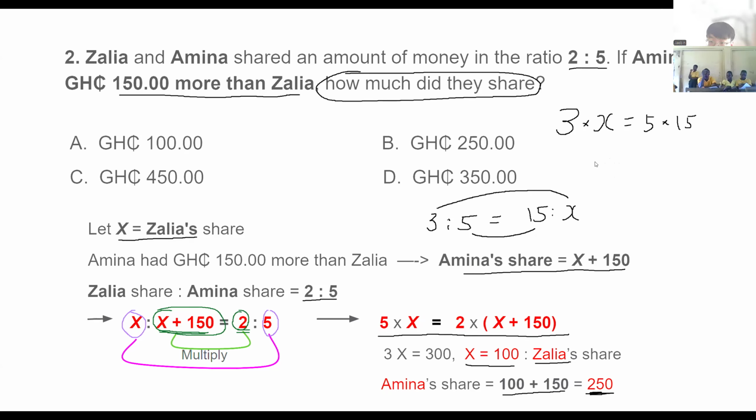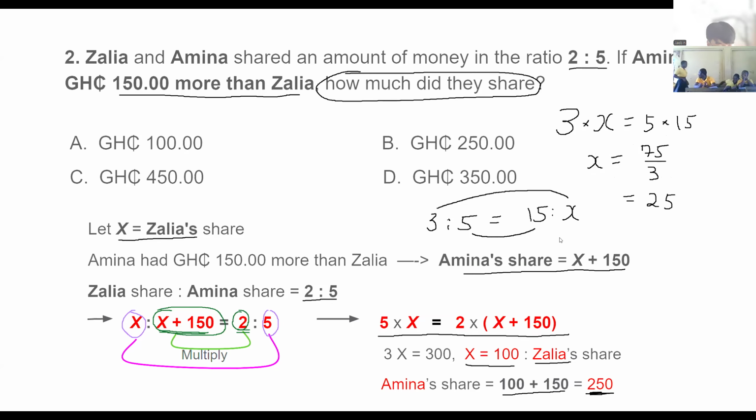So we divide by 3. So x is equal to, what is 5 times 15? It is 65, right? Sorry, 75, right? Over 3. So you divide by 3. And that is equal to 25, right?